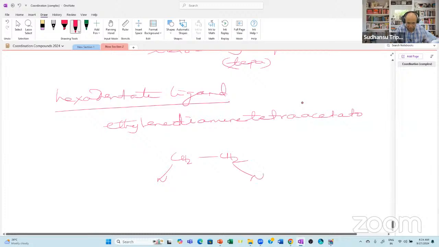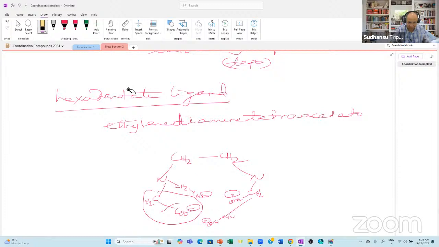So instead of NH2 NH2, it will be CH2COO minus, CH2COO minus, CH2COO minus, CH2COO minus. So this is acetato, acetato, acetato, acetato, tetraacetato.